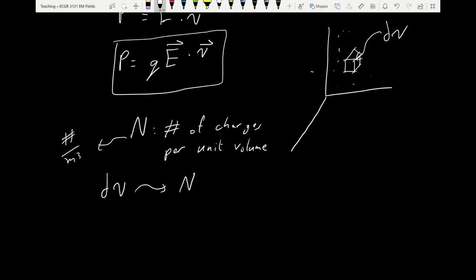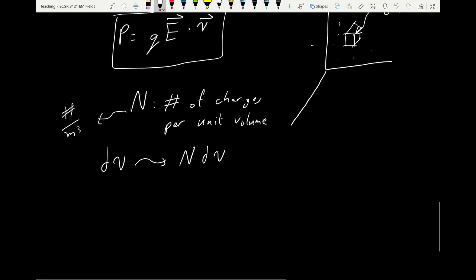It's not Coulomb. It's a number of charges per unit volume. So if I give you dV, the number of charges inside that volume element is going to be N dV. N is number per unit volume times the volume, which gives me the number of charges within that volume.